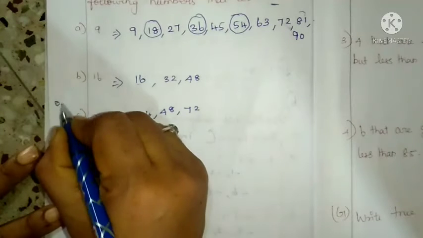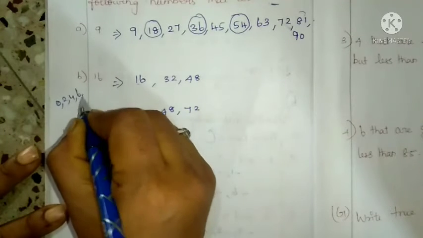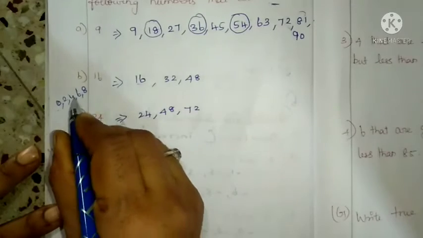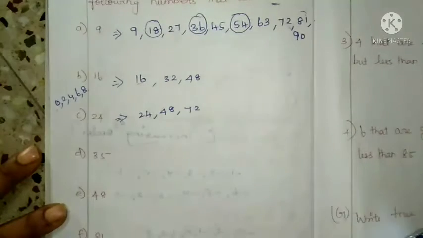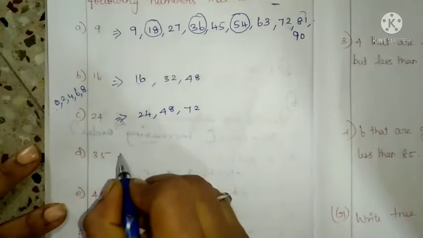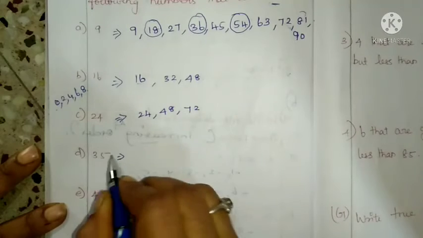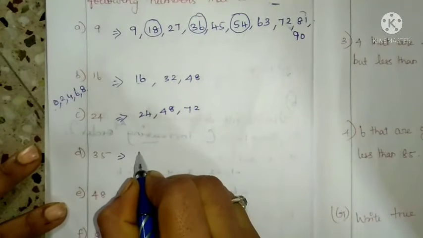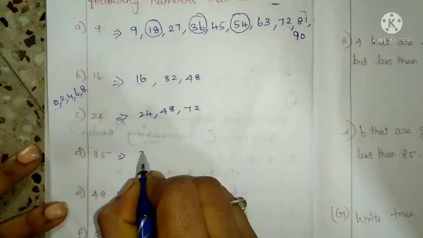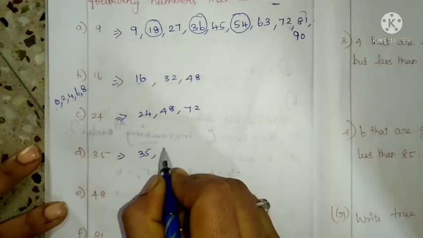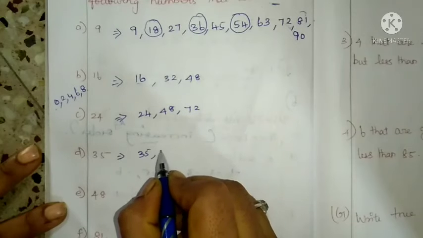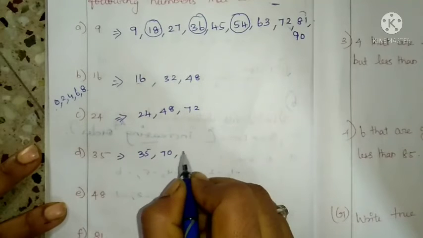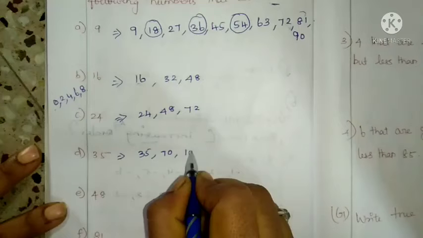Ending with 0, 2, 4, 6, 8 is what? Even number table. Next is the 35th table. It is an odd number, so it will come alternatively. 35 ones are 35, 35 twos are 70, 35 threes are 105.